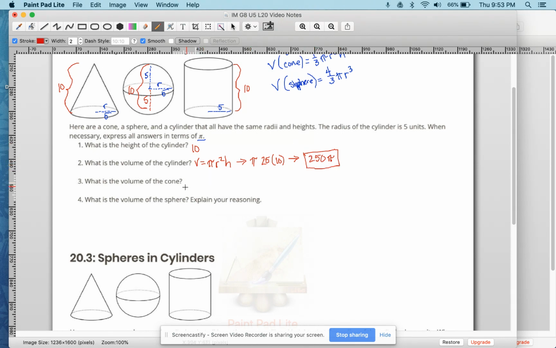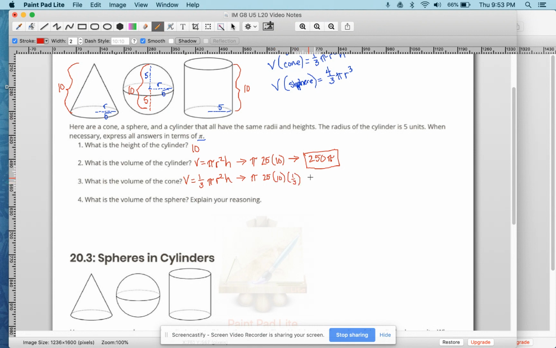Then they ask us to do the same thing for the cone. Well, the volume of a cone is 1/3 times pi r squared times the height. So we're going to plug numbers in again. We're going to have pi times the radius squared, which is 25, times the height, which is 10, times 1/3.